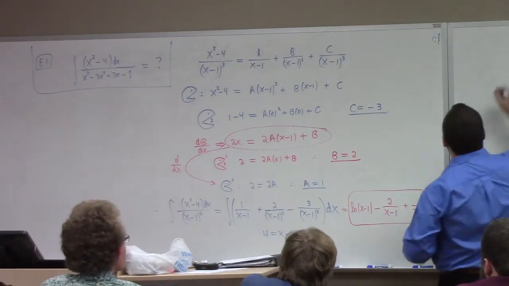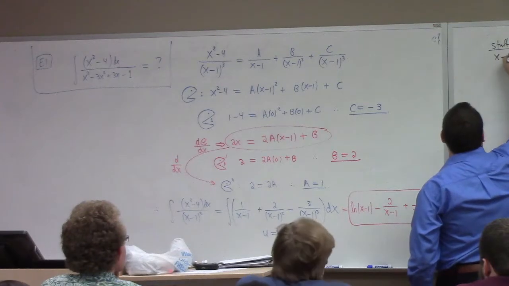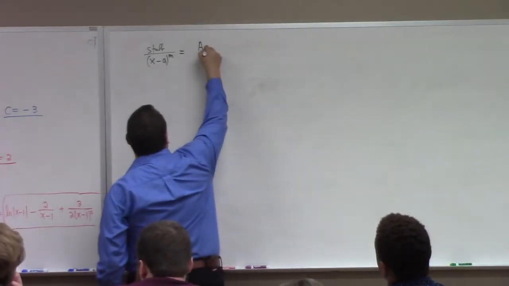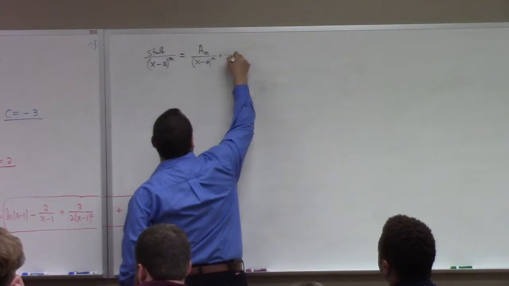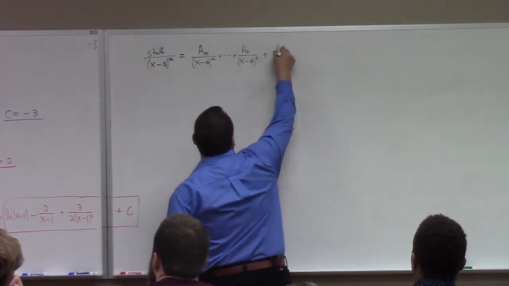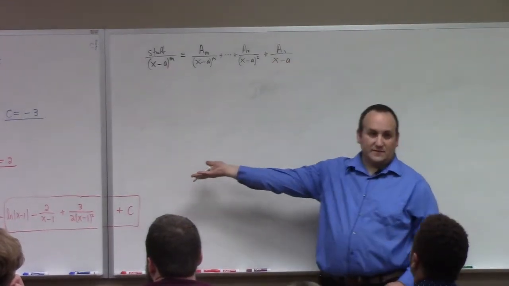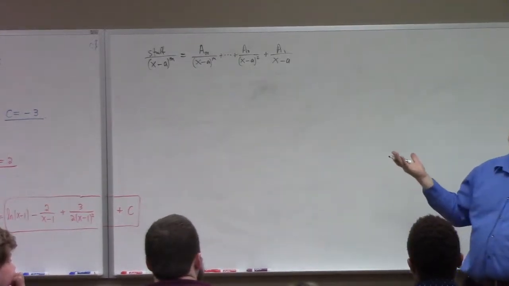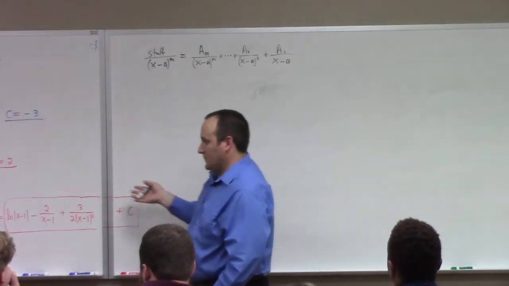If we have stuff over x minus a to the m, the decomposition is a_m over x minus a to the m, down to a2 over x minus a squared plus a1 over x minus a. Now, you say, well, why is that? Well, I just showed you that it works for this one, right? So, are there other possible decompositions? Sure. But why would I look for other possible decompositions when this one works?